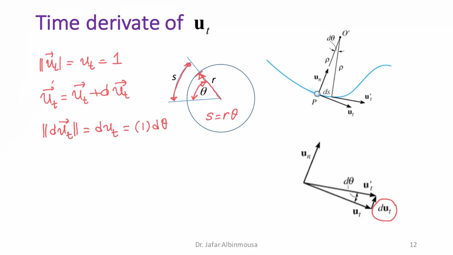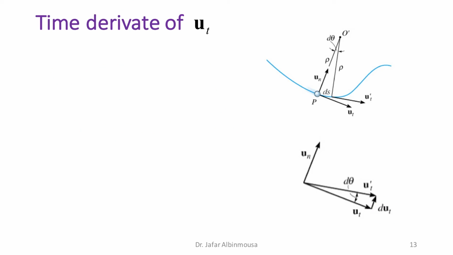Now the magnitude of ut is 1, while for the angle, instead of theta, we put d theta. So from the previous slide, we found the magnitude of dut, which is equal to 1 d theta, which is basically d theta.